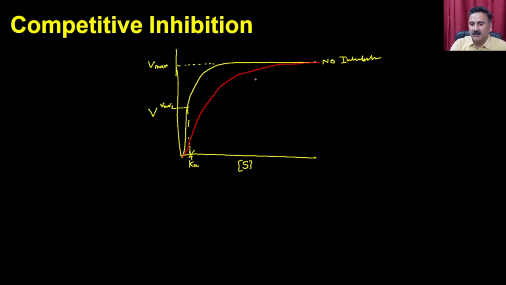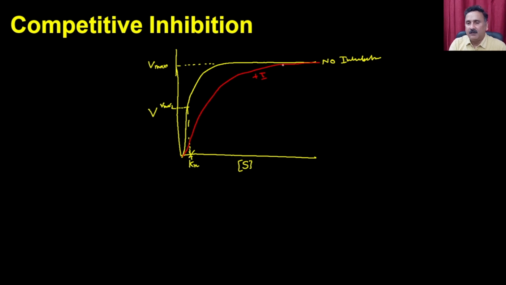This is in the presence of the inhibitor, and this is in the absence of inhibitor. So when you have the inhibitor, it takes a longer time, because it is reducing the concentration of the enzyme, and it is asking the enzyme to go for more time.